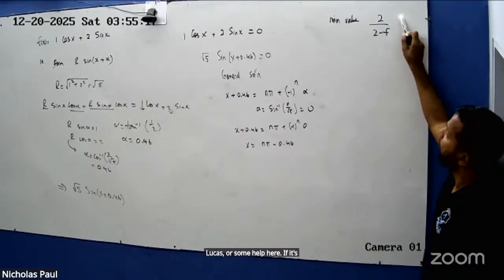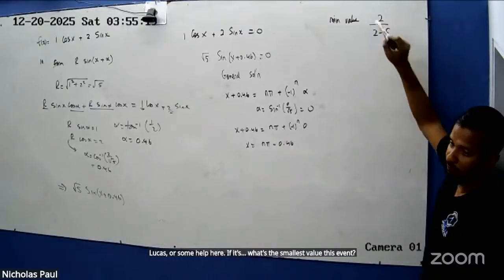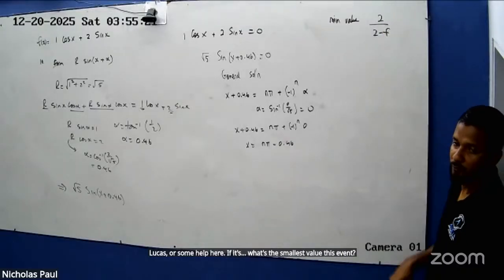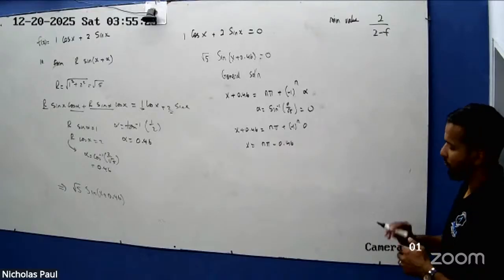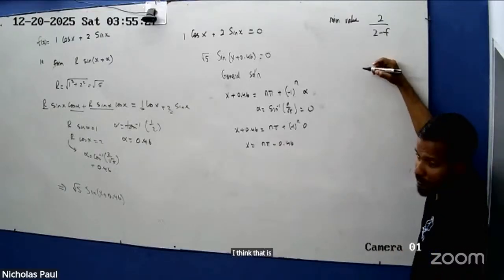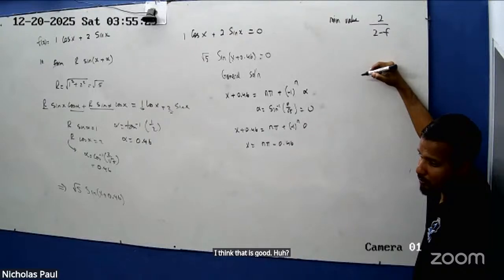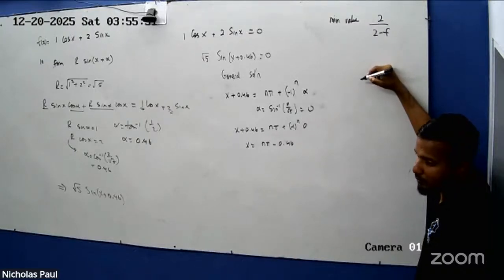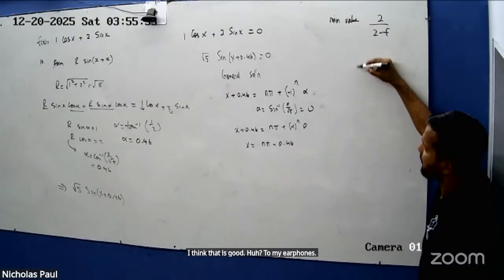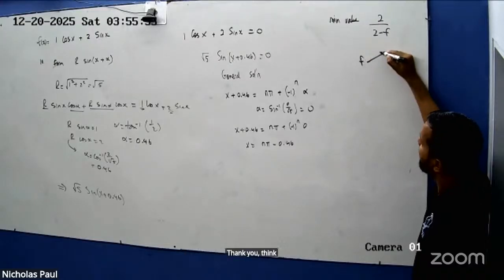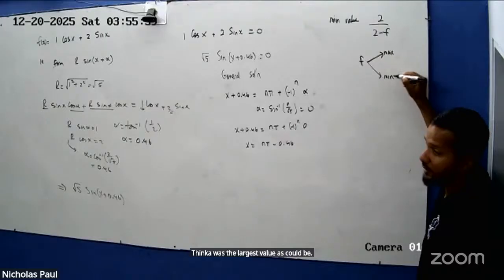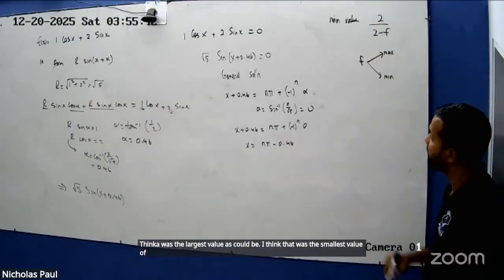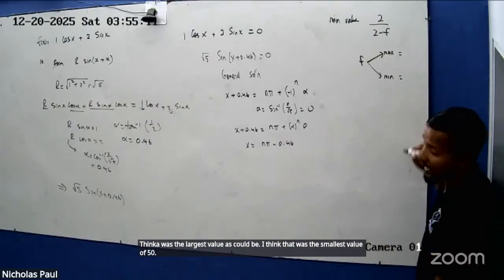What's the smallest value this could be? Think of what the largest value f could be, and think of what the smallest value f could be.